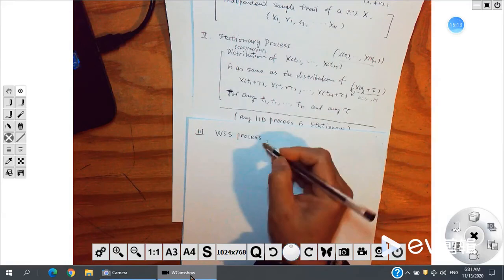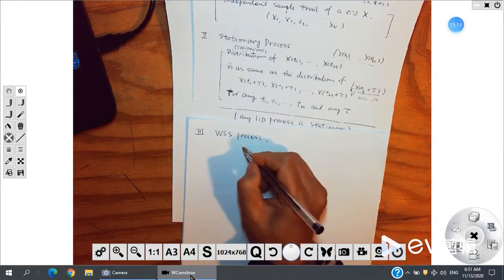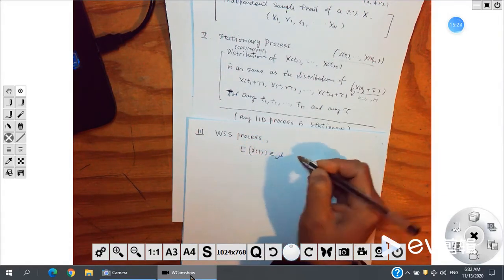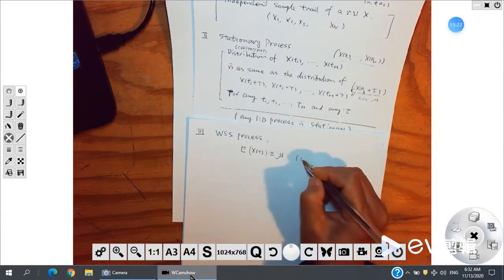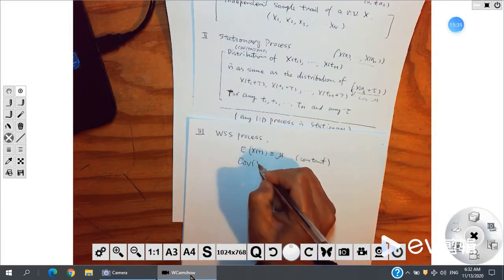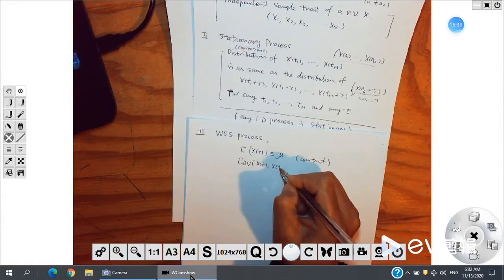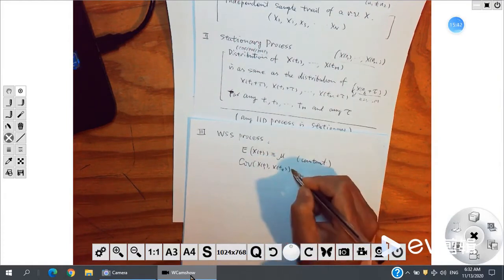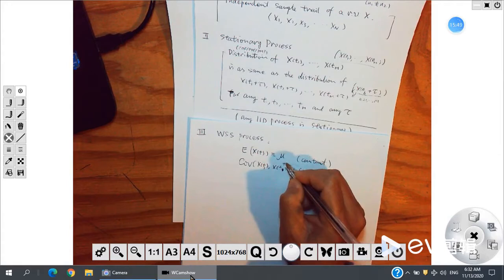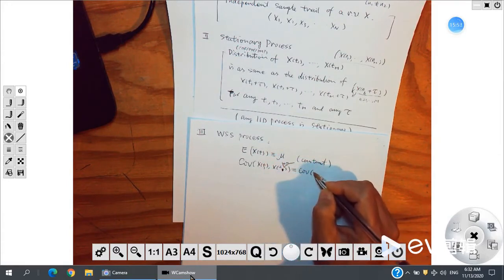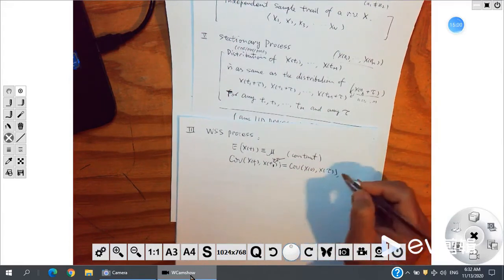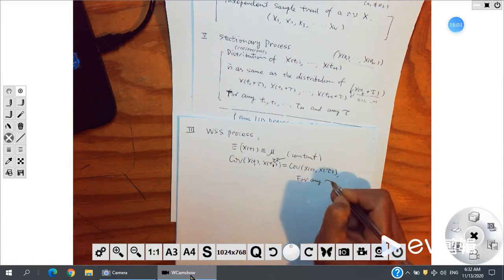The feature of this kind of process is that the mean of any X of t is a constant, which I denote as mu. And the covariance of X of t1 and X of t2, writing t2 as t1 plus tau, is the same as the covariance of X of 0 and X of tau, for any tau. So we have these two features.